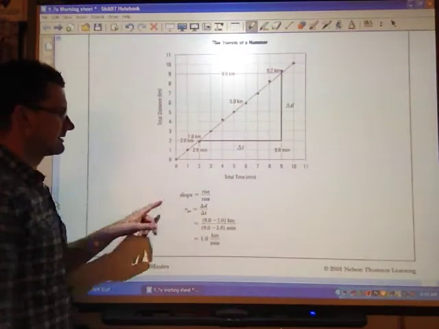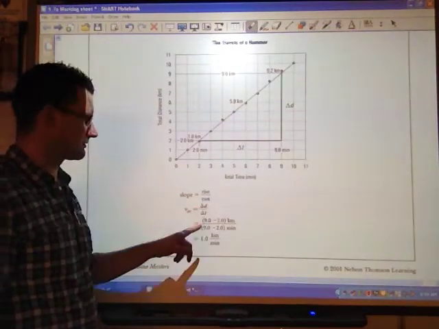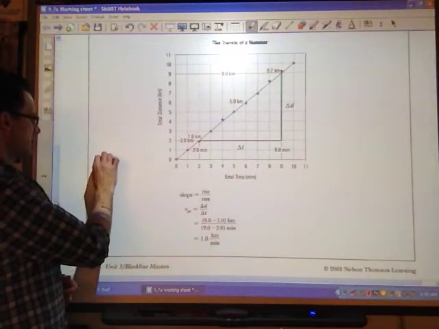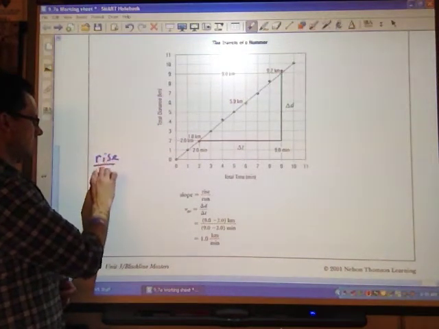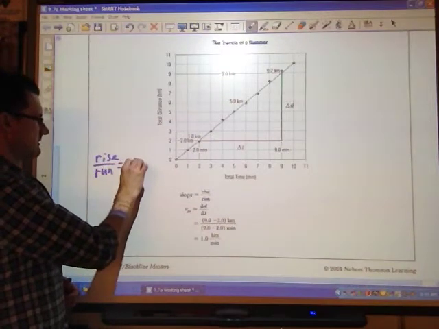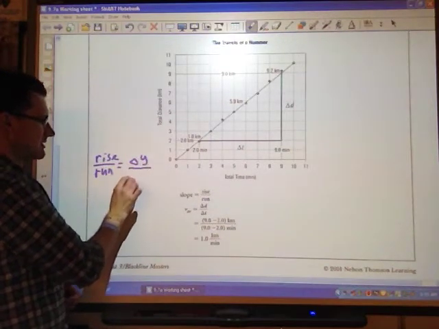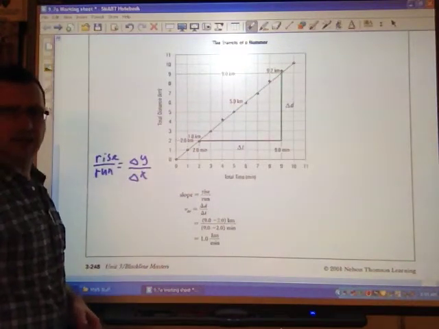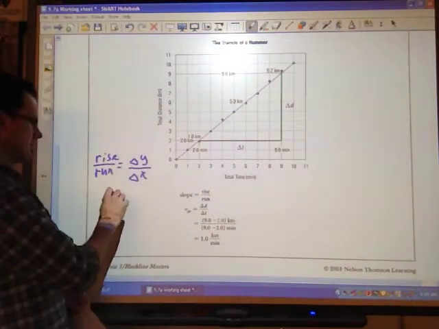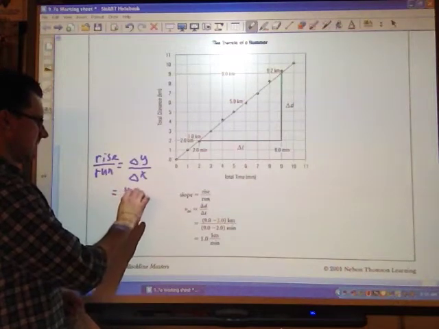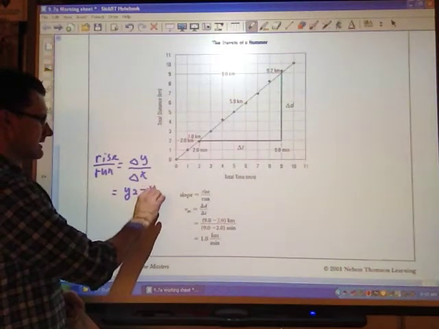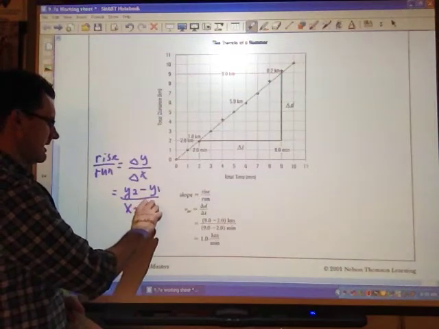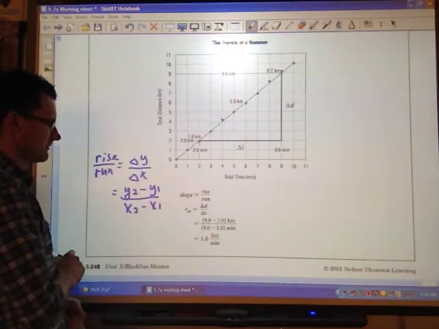And of course, from math class, slope is equal to rise over run, which is change in y over change in x. And of course, to figure out a change in something, it's a final y value minus an initial y value, or a final x value minus an initial x value.